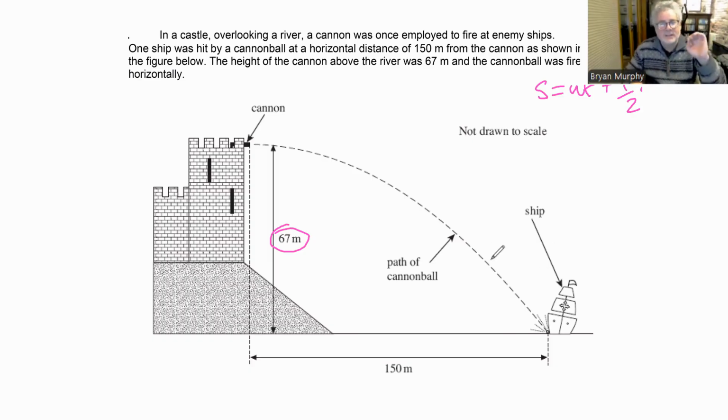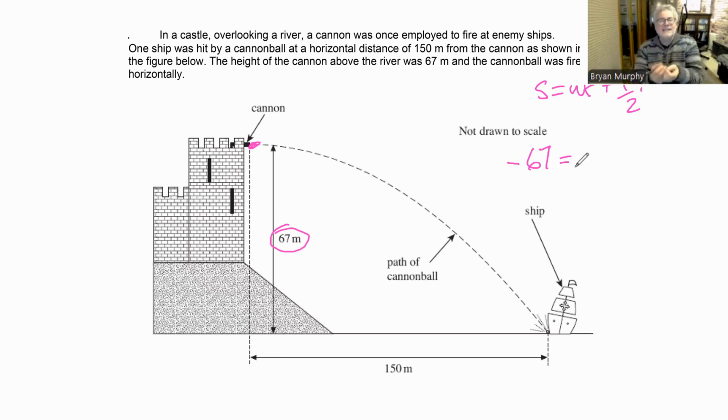The vertical displacement, and I'm going to be a bit of a pedant now, I hope you don't mind, that it has fallen is minus 67 meters because it's gone downwards. Upwards is positive, downwards is negative. So it has gone minus 67 meters.